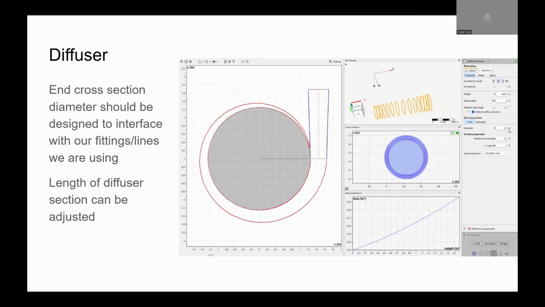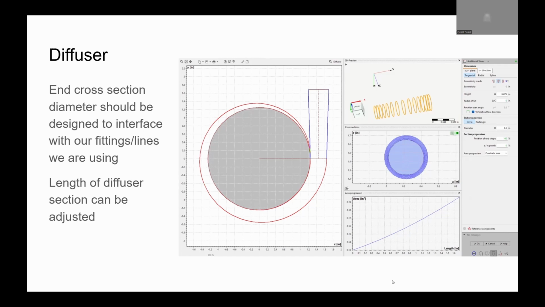I don't exactly know our line sizes yet, but we can mess around with the diameter so that it fits with our line sizes. A lot of the diffuser parameters I've just left default because I have no reason to really mess with them. This is obviously the part that's going to connect to our tubes.